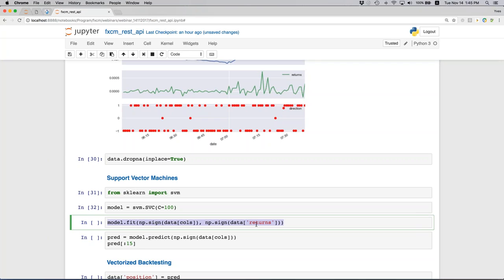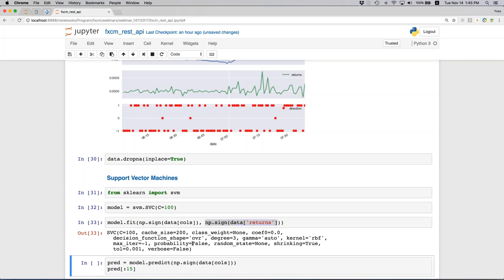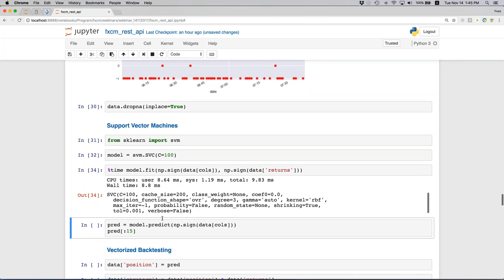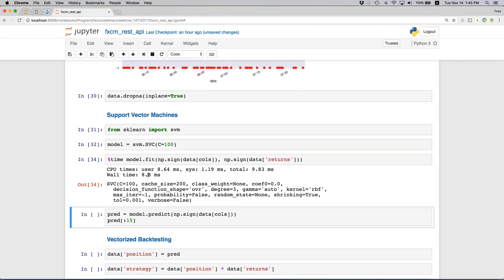Here I'm fitting the data, my lag data, to the labels, also the returns data. These are the lags. This is what I try to predict. It's also pretty fast. If you're interested in timing, for my small data set, this is accomplished within 8 or let's say 9 milliseconds.